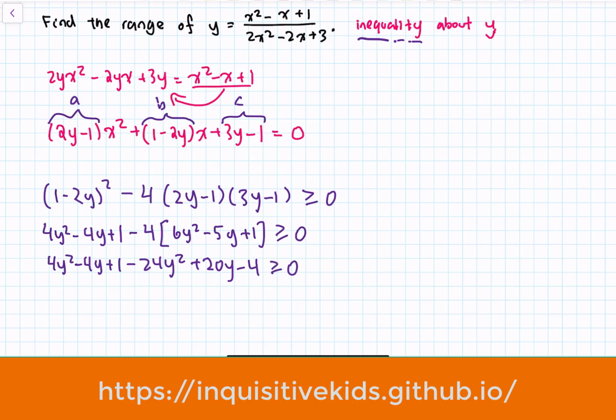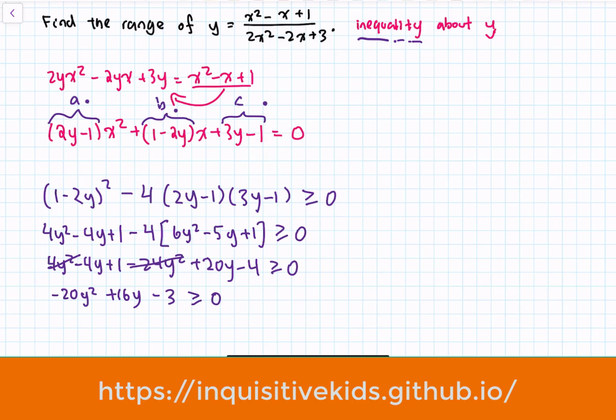Then we can combine some like terms. Here we have the negative 20y squared. And I'm going to pause because look, we already have an inequality about y because y is in both a, b, and c. And we can ignore the x's we have because they don't matter anymore. We're just trying to simplify the discriminant. So let's continue. Plus 16y minus 3 is greater or equal to 0.